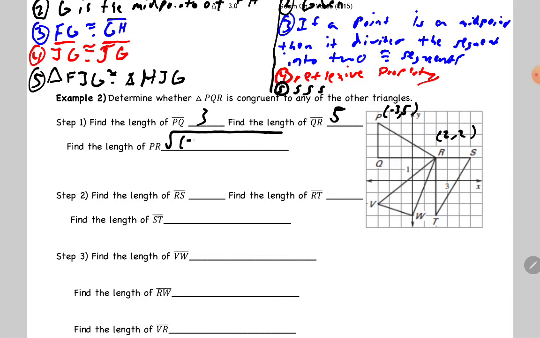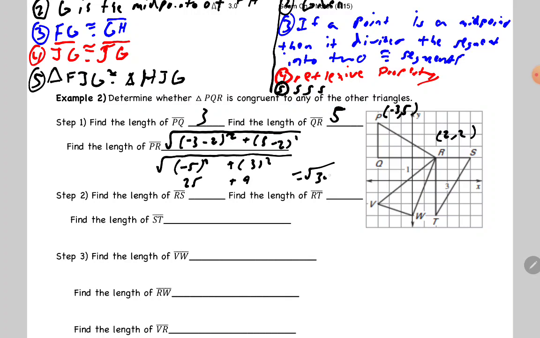So -3 minus 2 squared plus 5 minus 2 squared. Okay, and that'll give me -5 squared plus 3 squared, which is 25 plus 9, which is the square root of 34. I'm going to leave it like that.